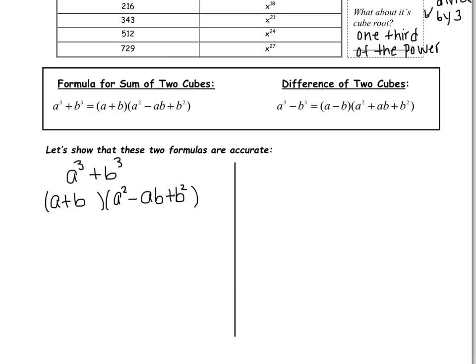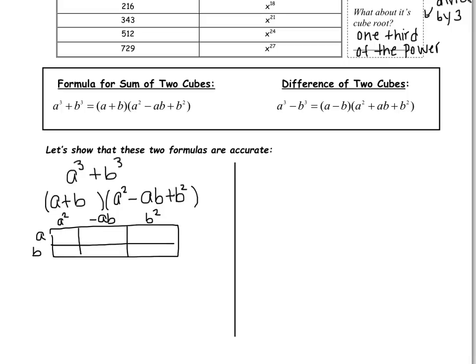So let's show that it works. Let's show if we multiply this times this, we get this. So we would distribute everything, or we can use that box method. I think I'm going to do that. For those that want to double distribute, that's fine as well. So a, b, a squared, negative ab, b squared.